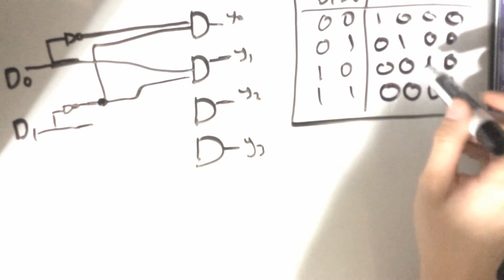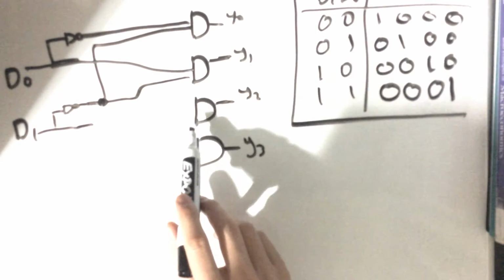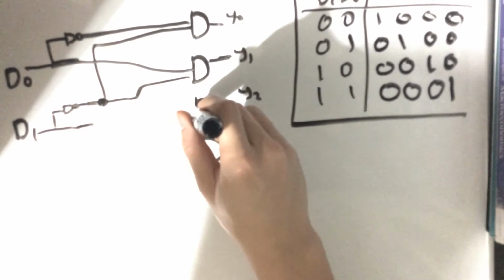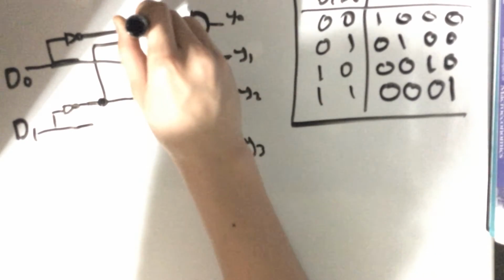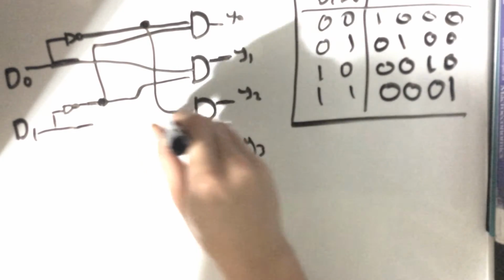Now on to the next one. When Y2 is set to 1, D0 is set to 0 and D1 is set to 1.